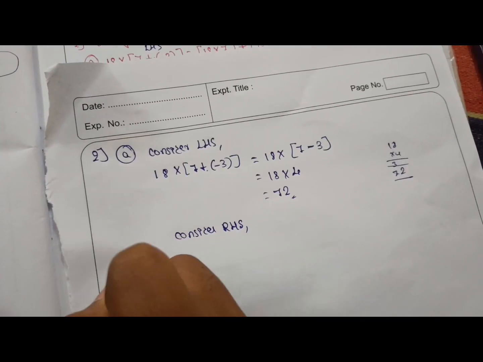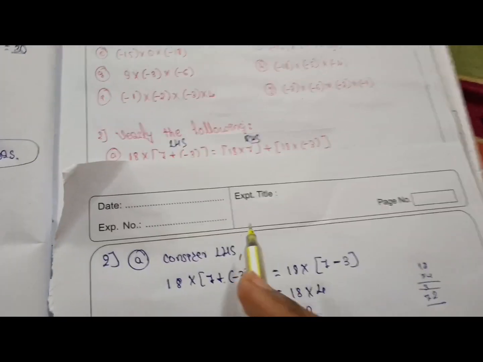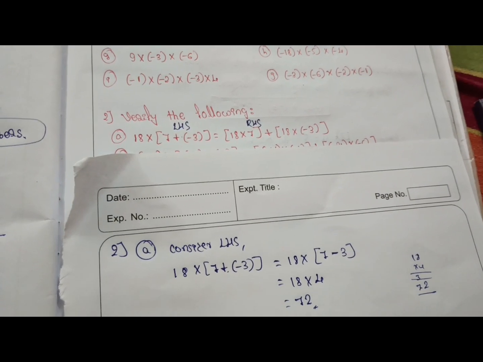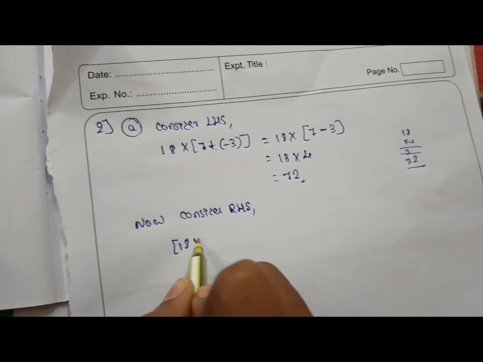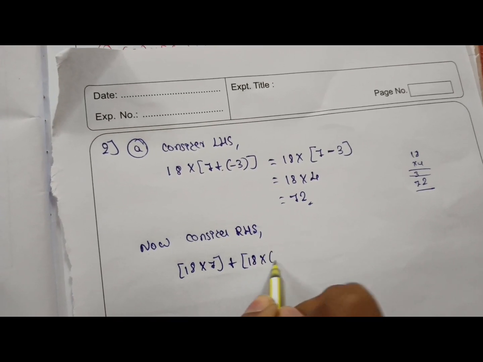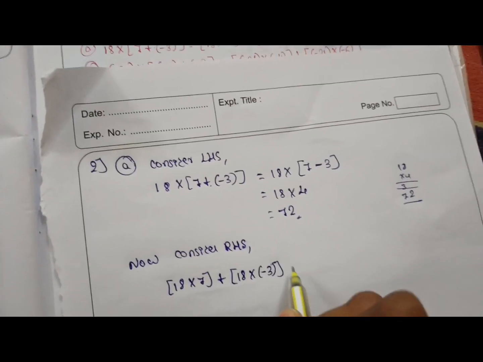Now consider RHS. That is 18 into 7 plus 18 into minus 3.